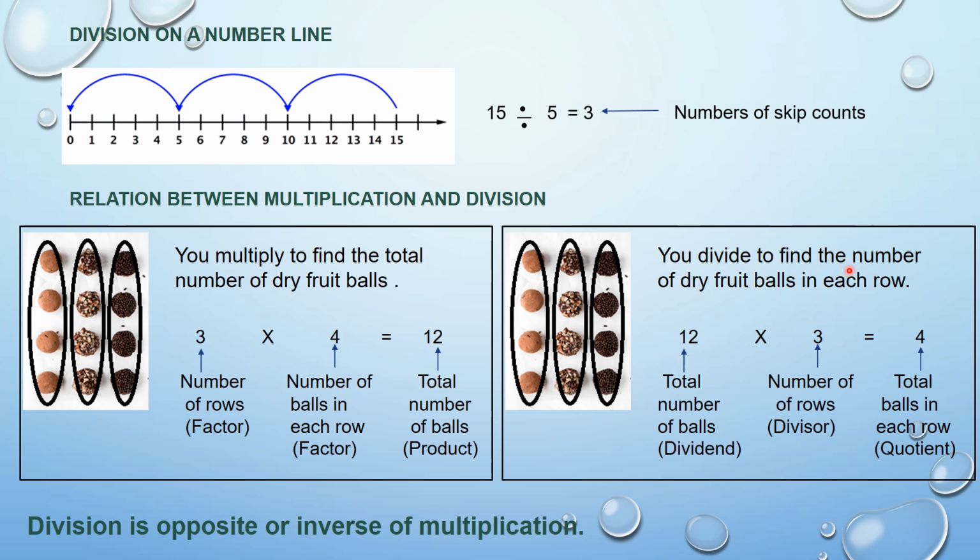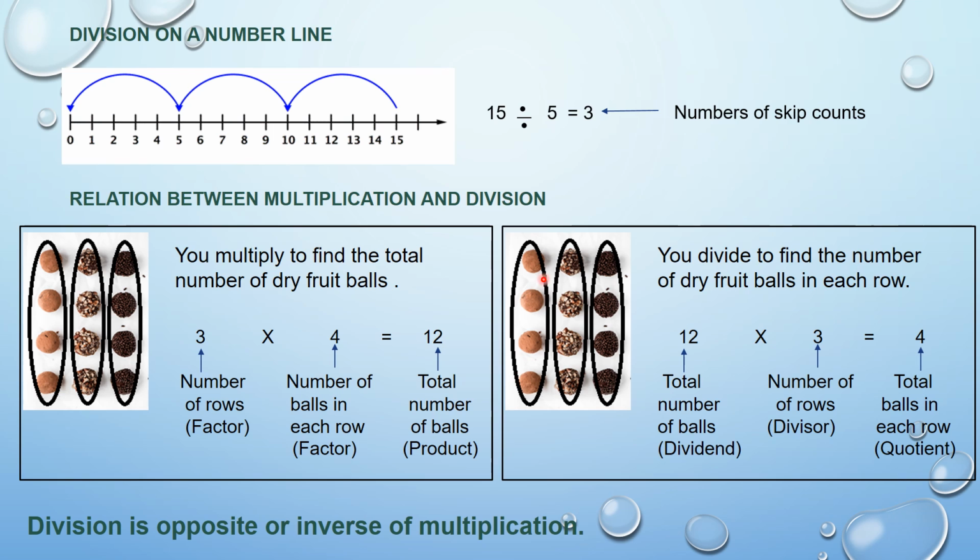Now you divide to find the number of dry fruit balls in each row. So the total number of balls we should know, right? The total number of dry fruit balls is 12. This is called the dividend.